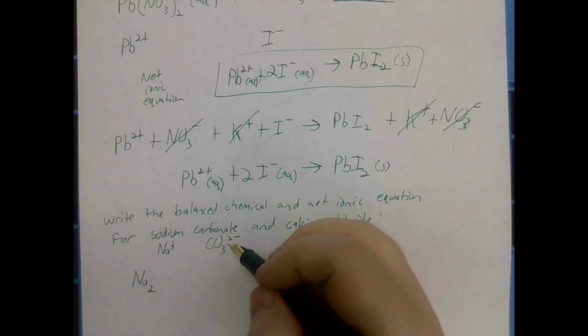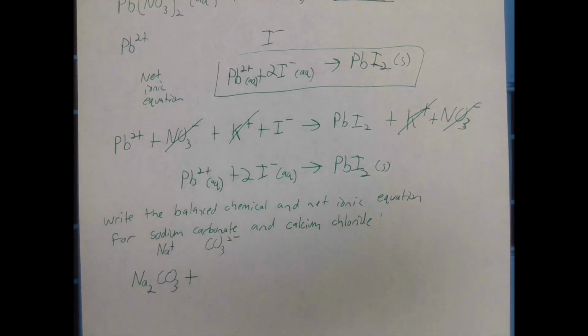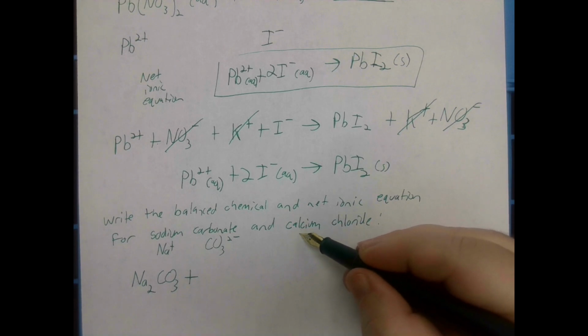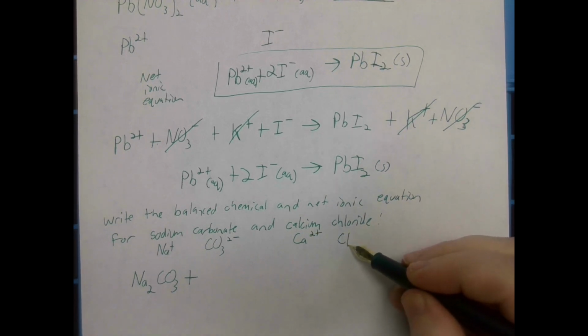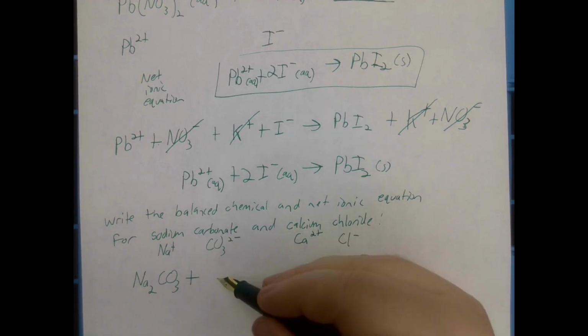We need 2 sodiums to counteract this 2 charge. And then calcium chloride. Calcium has what charge? And chlorine has -1. So we need 2 chlorine.